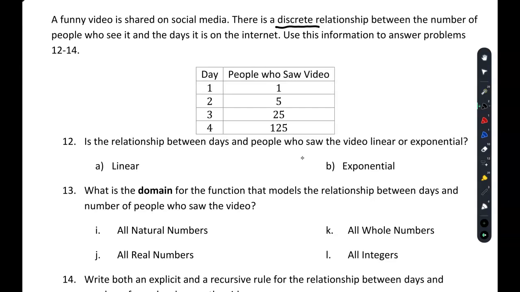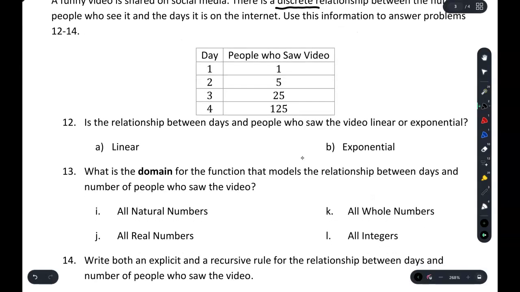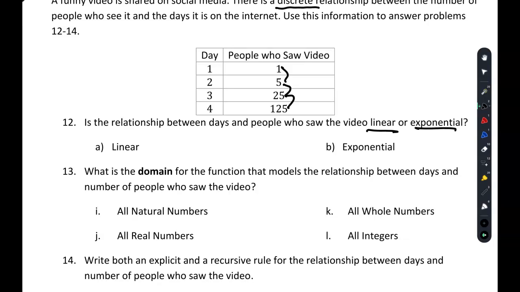So it's a discrete relationship. It gives you the little table here. It goes from 1 to 5, 5 to 25, and 25 to 125. The first question is: is the relationship between days and people who saw the video linear or exponential?